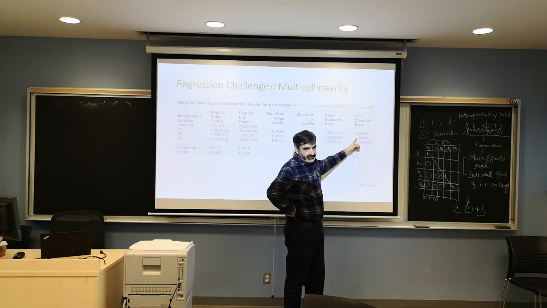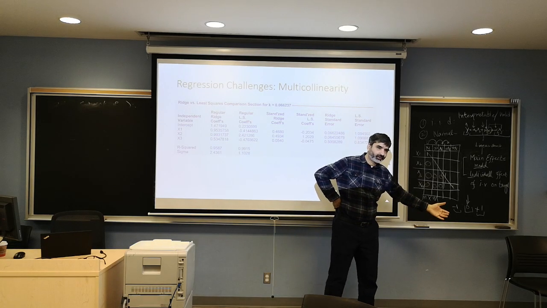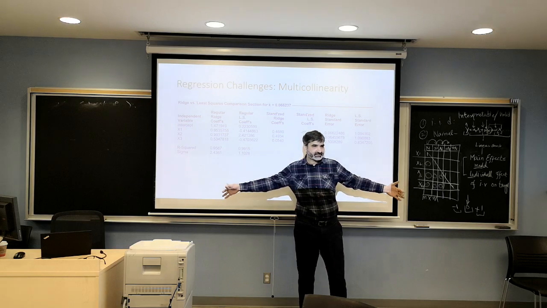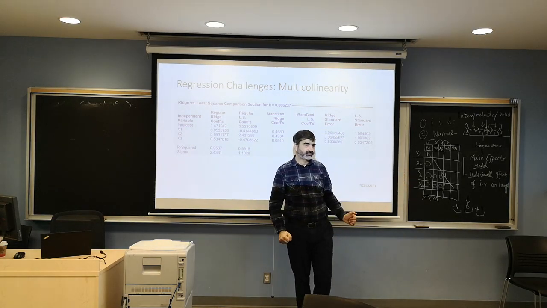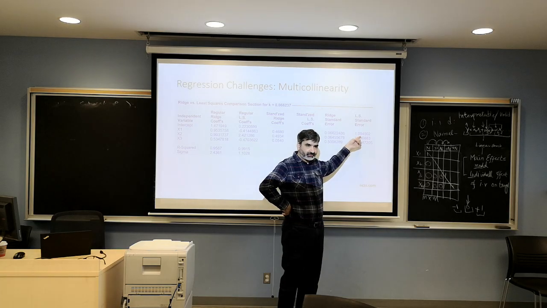Standard error, it means this estimate is a very poor estimate. It can go plus 1 this side, minus 1 this side, too wide a confidence interval. What's the use of an estimate that can go this wrong?